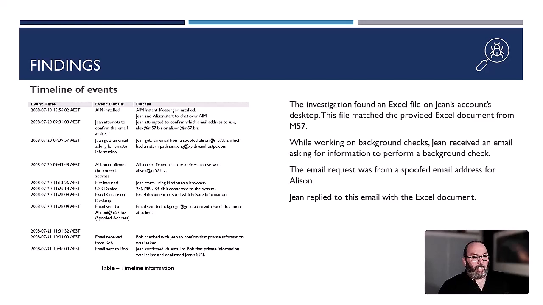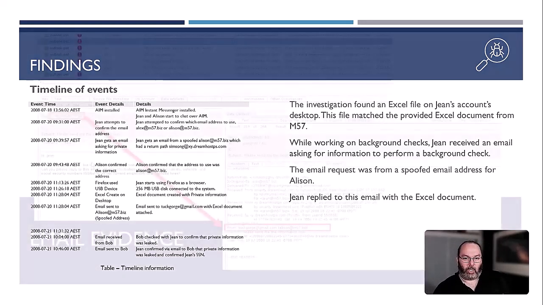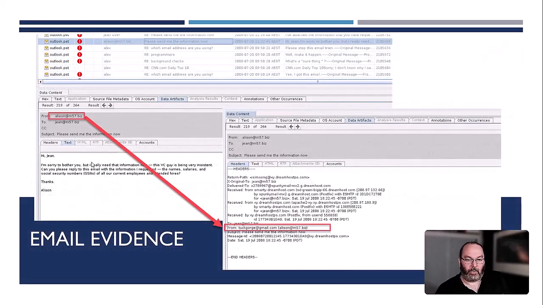So if we go on and look at the email evidence, I provided 2 slides in here that'll show this information. The first one is showing the email that she received. This is an email that appears to be from Alison, but it's actually from that tuckgeorge email address.